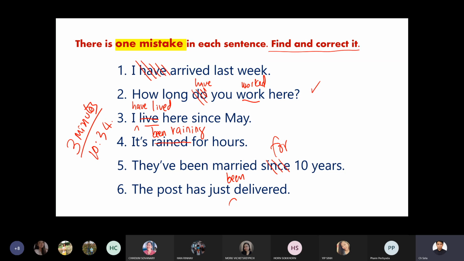Because the post could not do the action by itself, it must be done by someone, correct? So you use passive instead of active. Okay, so the post has just been delivered.